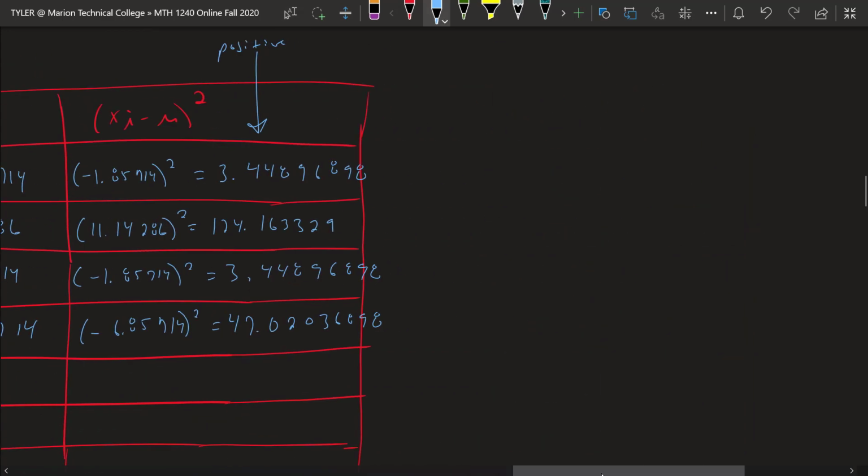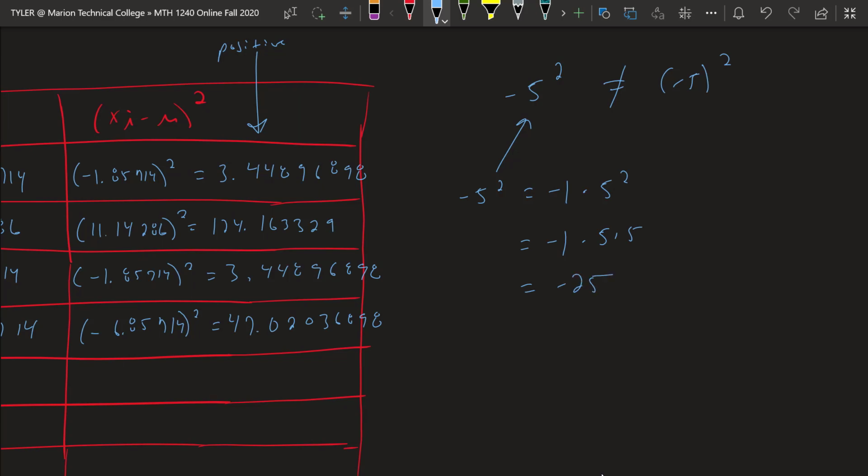Because you should know that negative 5 squared is not equal to negative 5 in parentheses squared, right? And the reason being it's about the base, right? So when you see negative 5 without parentheses being squared, that's the same as negative 1 times 5 squared, which is equal to negative 1 times 25, which is equal to negative 25, right?